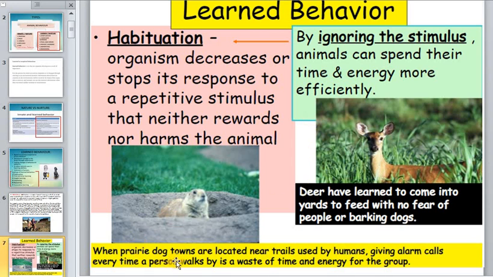When prairie dogs are located near trails used by humans, giving alarm calls every time a person walks by is a waste of time and energy for the group, of course.